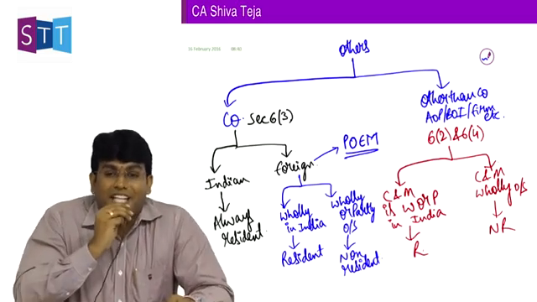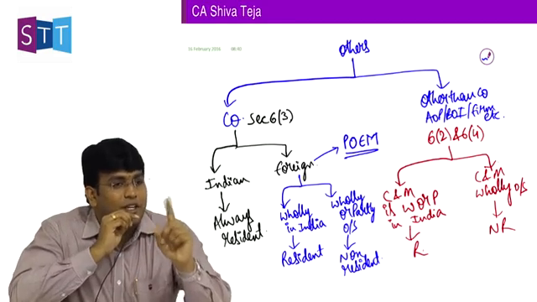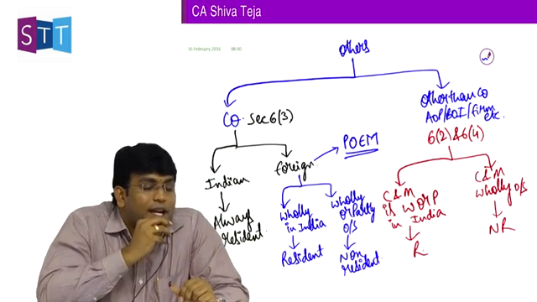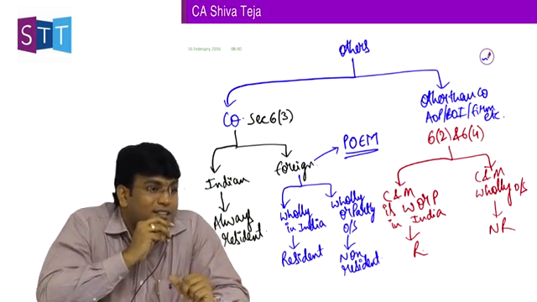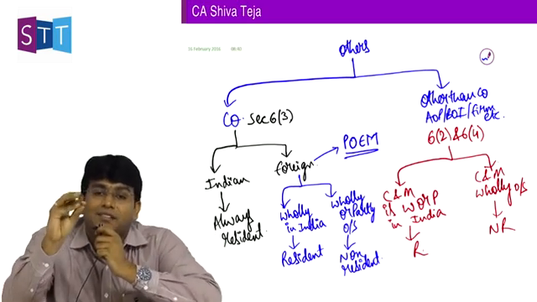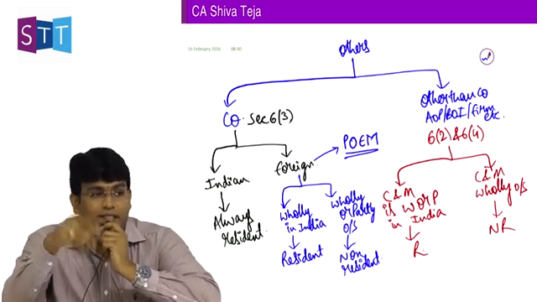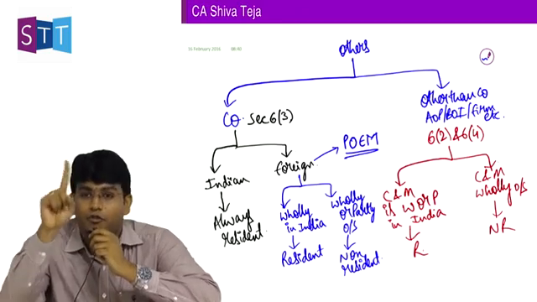Friends, one important catch point here. Please observe carefully. In case of HUF, AOP, BOI and all, if the control and management is wholly or partly in India, we call it resident. For example, HUF case: 99% outside India, 1% in India.